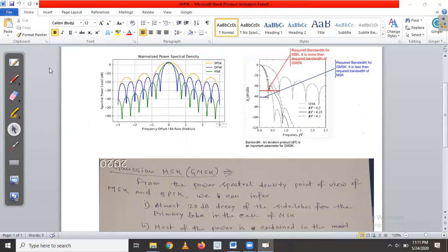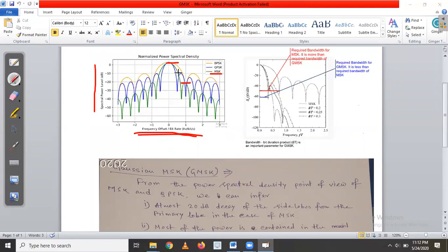Here we will discuss something very interesting, following some lines. In the first diagram, this is the power spectral level and this is the bandwidth. There is a plot of MSK, the green line. The gap between the primary lobe and the first secondary lobe is minus 20 dB.